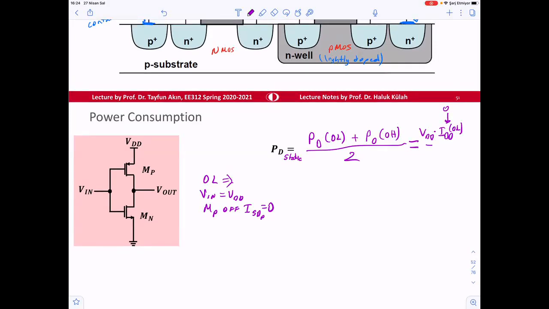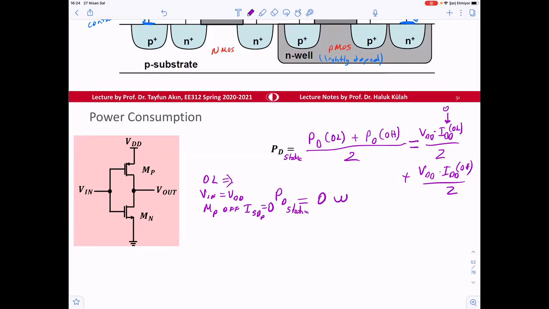Divided by 2 plus VDD, IDD when output is high, divided by 2. So both of them are going to be 0. So P D static is going to be equal to 0.